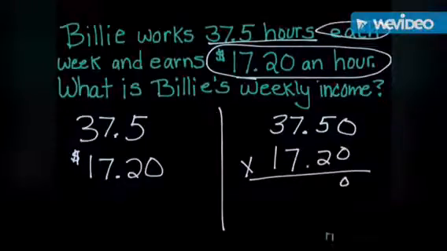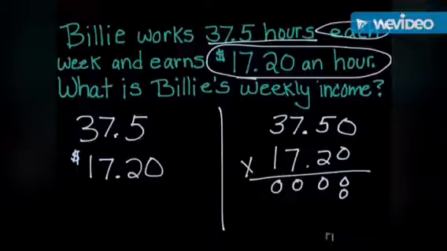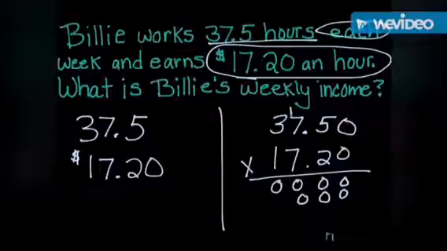0 times 0 is 0, 0 times 5 is 0, 0 times 7 is 0, and 0 times 3 is 0, and I need a placeholder. 2 times 0 is 0, 2 times 5 is 10, carry the 1. 2 times 7 is 14, plus 1 is 15. 2 times 3 is 6, plus 1 is 7. Erase those.